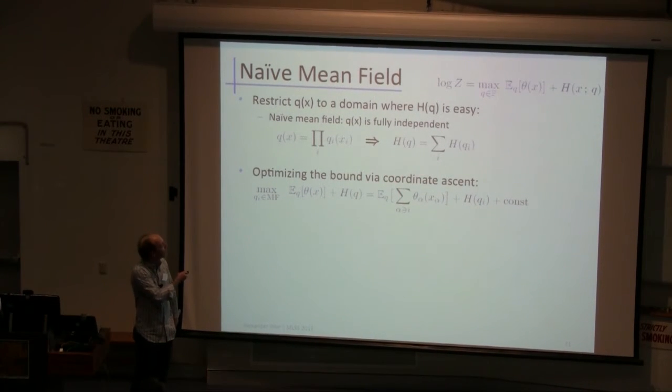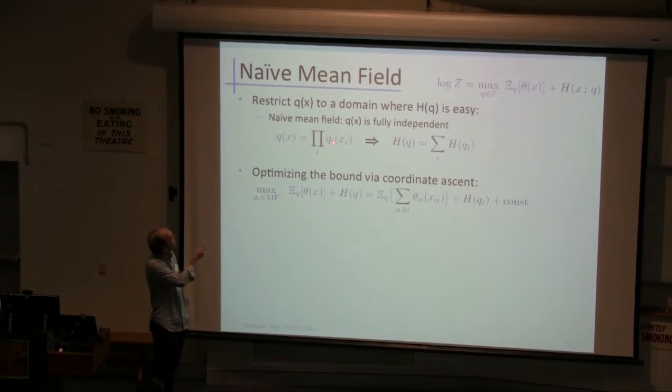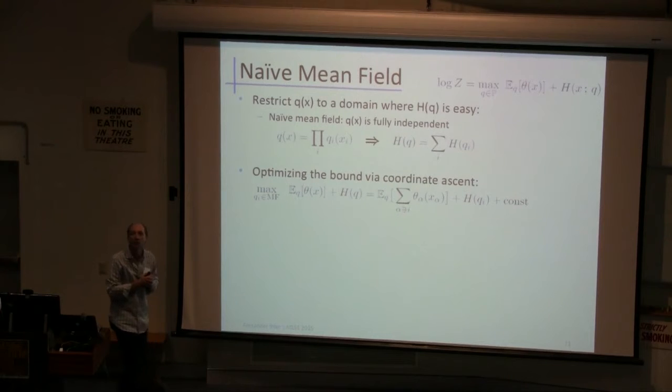You could optimize this however you'd like, actually. I'm just showing the most standard method, coordinate ascent, because it's going to result in a message-passing-like thing again. But you could actually optimize Q in whatever way you like. Q is just specified in terms of these marginal probabilities of each xi. You can think of just vectorizing this and then optimizing it directly.